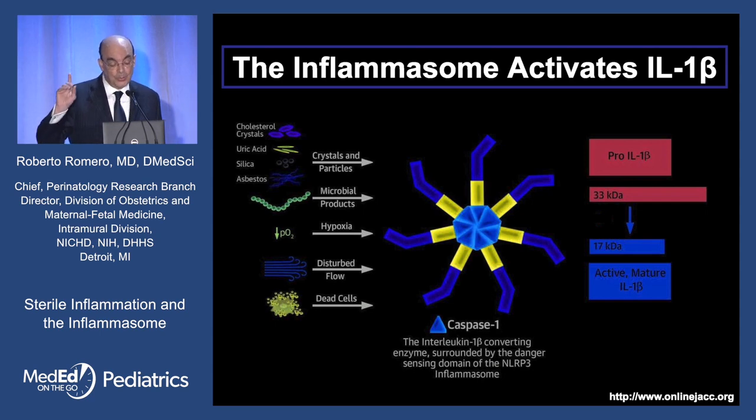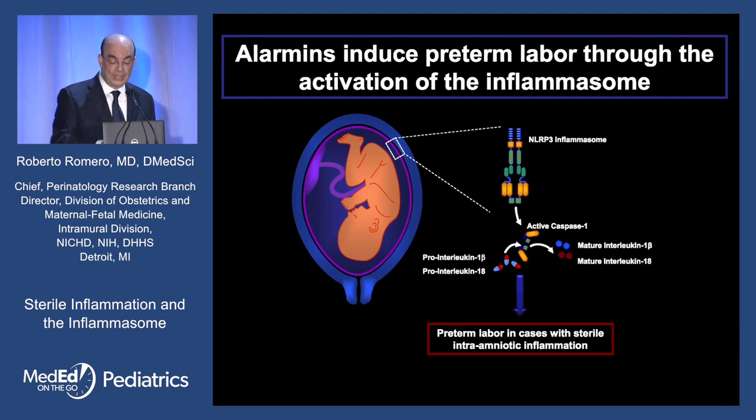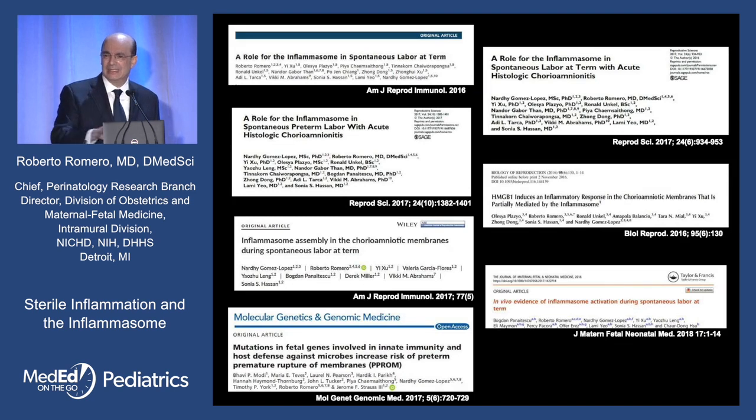Crystals, but also hypoxia or disturbed flow, activate this complex that is the inflammasome, and then they cleave pro-interleukin-1 beta into active interleukin-1 beta, and we have inflammation. And these are all the papers, and they will be on your syllabus, if you want to look at them, supporting that the inflammasome has a role in spontaneous labor, but also in sterile inflammation.